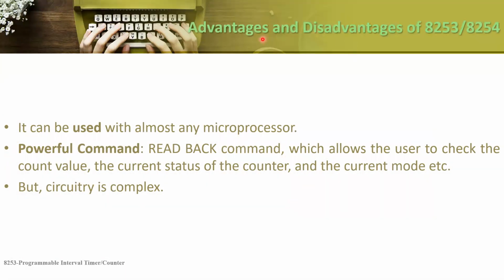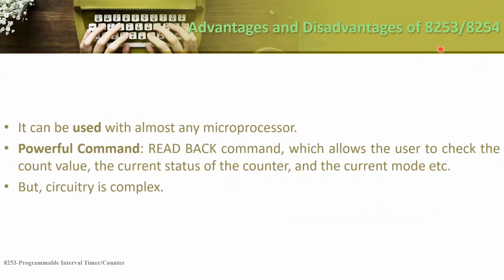Now let's have a look at the advantages and disadvantages of 8253. This 8253 can be used with almost any microprocessor, including higher capability microprocessors of 16-bit, 32-bit, and so on. We have the readback command, which is supported by the 8254, that allows the user to check the in-between values like the count value, the current status of the counter, and the current mode.